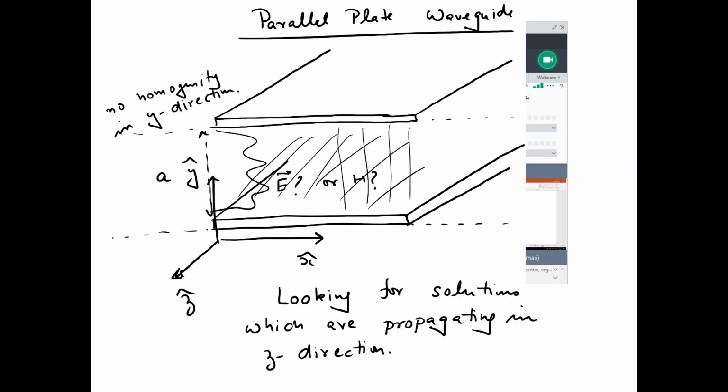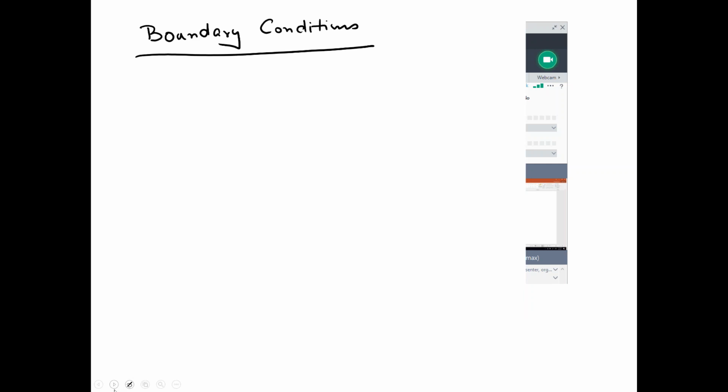So if I find a solution at any arbitrary point, and somehow I tie the solution to what happens at this boundary, now here I have a boundary between a dielectric and a metal. If I tie the solution to the boundary conditions we had learned, then I would still get the right answer. So again, let's remind ourselves of the boundary conditions.